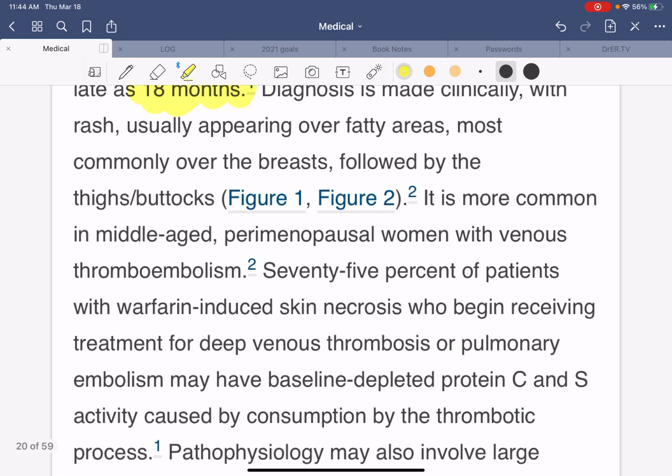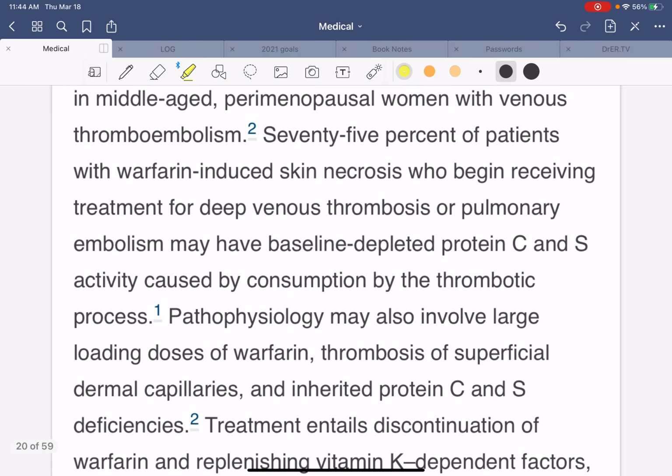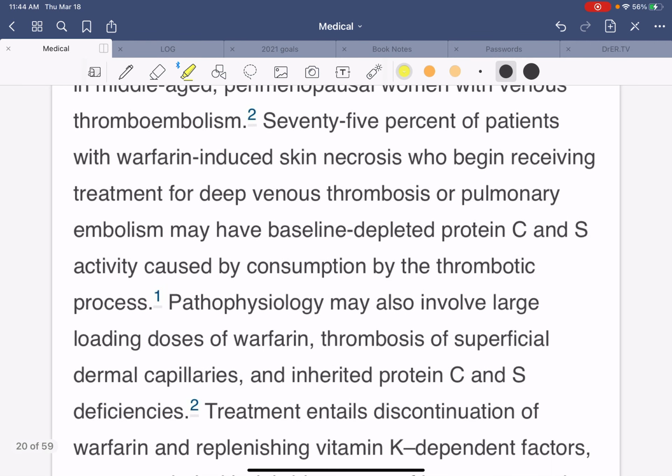75% of patients with warfarin-induced skin necrosis who begin receiving treatment for DVT or pulmonary embolism may have a baseline depletion of protein C and protein S activity caused by consumption by the thrombotic process. So because they have a DVT, they start depleting the protein C and S, and that leads to this problem.